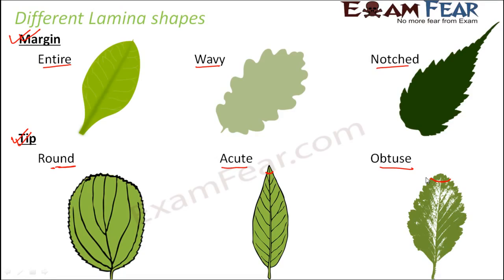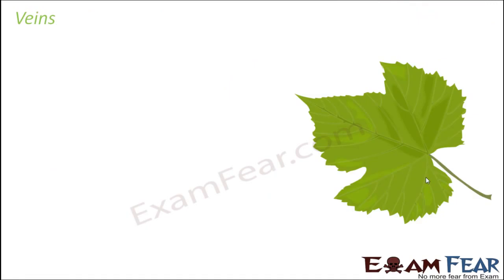It has an obtuse tip. So anybody who reads that statement will be able to visualize how that leaf looks, right? So that's how introducing the terminologies helps us to understand or observe things better. So these are the different shapes of lamina. Okay, so now we will talk about veins.